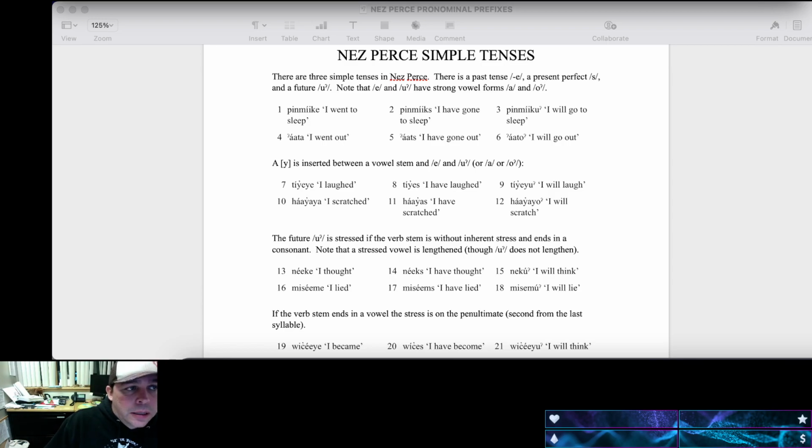And it gives us good examples right here. Pinmika. I'll show you how the dictionary will give you some clues. If you have a word like pinmeek, where it's all I's, and you're trying to figure out whether it's going to be strong or weak, sometimes the dictionary will tell you. It'll put it right in there that it's a strong vowel or a weak vowel word, and it'll do the same thing with the prefixes and the suffixes.